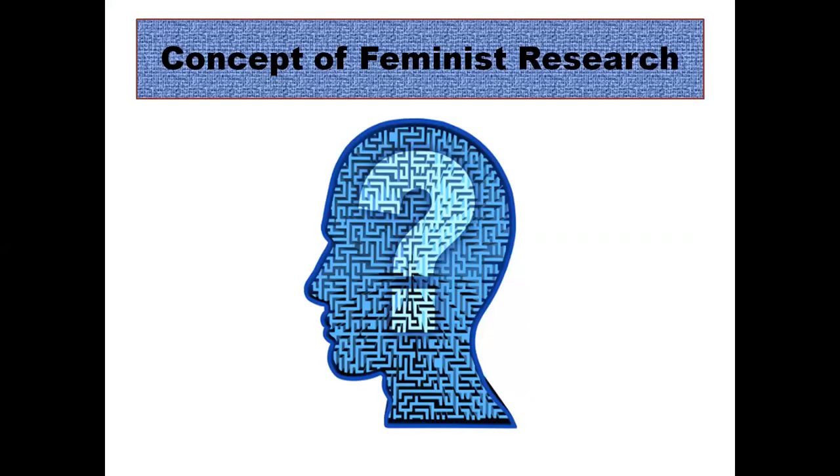Now, what is the concept of feminist research? When you want to do research, you have a problem or a question and you want to solve that problem or answer that question in a proper and systematic way.